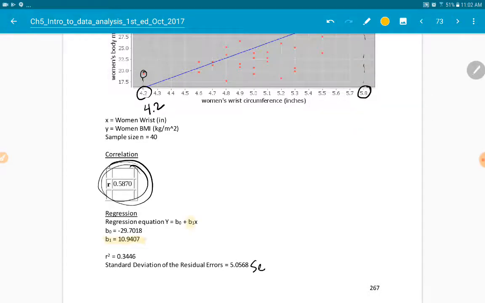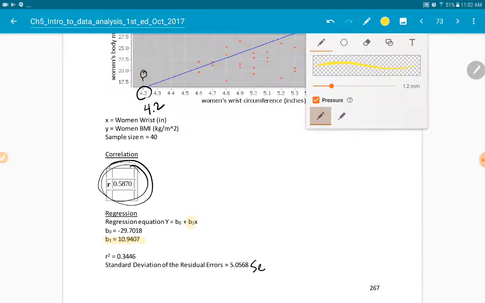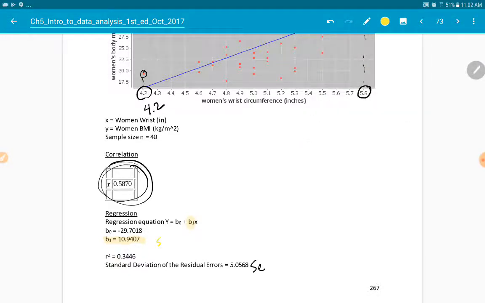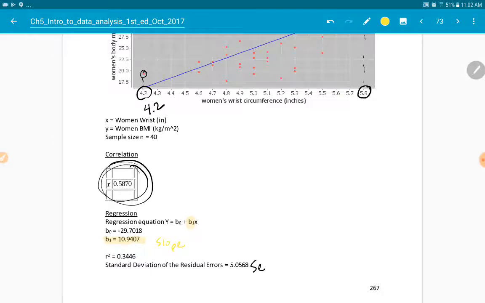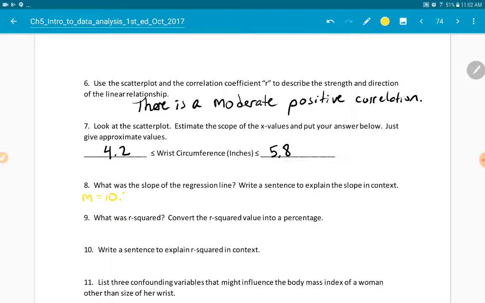So this is the slope right here, 10.9407.